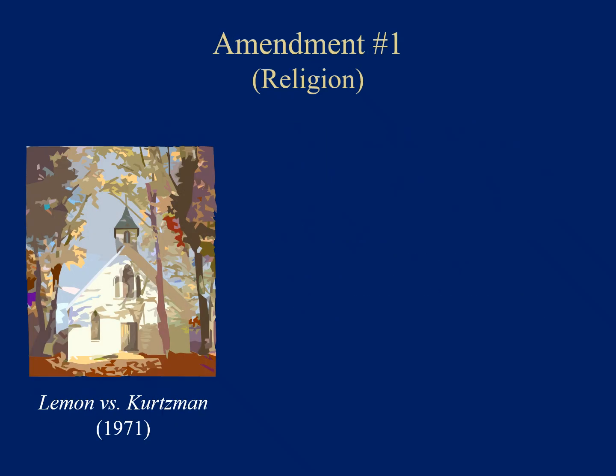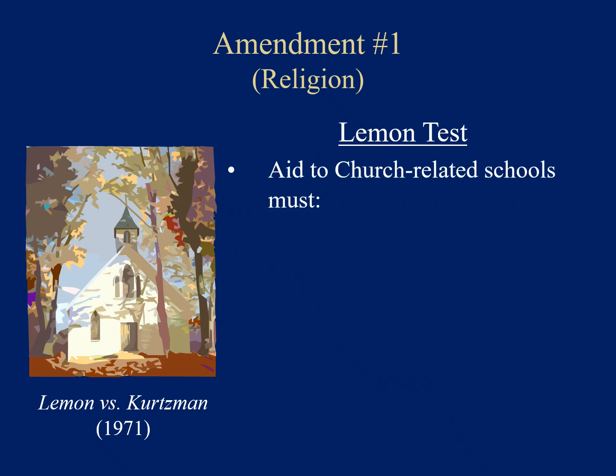Now, when it comes to freedom of religion, this does not mean that the government can't aid religion in some way. There was an important case called the Lemon decision from the 1970s that resulted in the so-called Lemon test. The government can provide aid to church-related schools. Let's say a parochial school, a Catholic school, wanted to combine with a public school to have busing, they could do something like that.